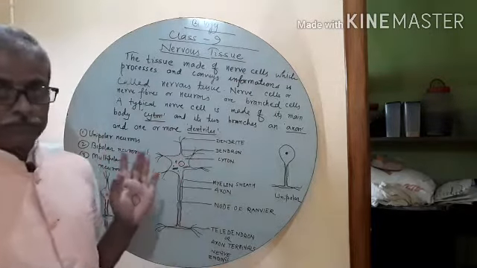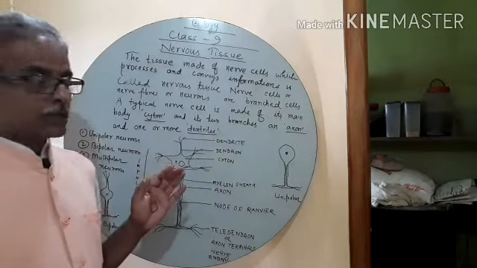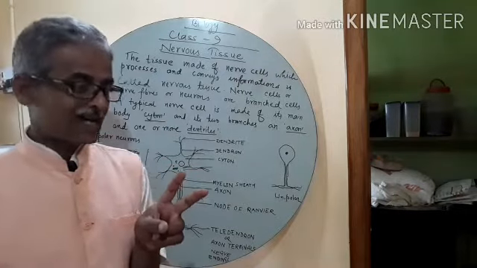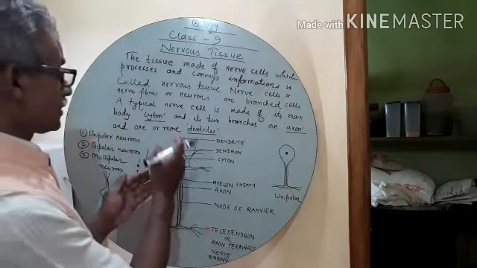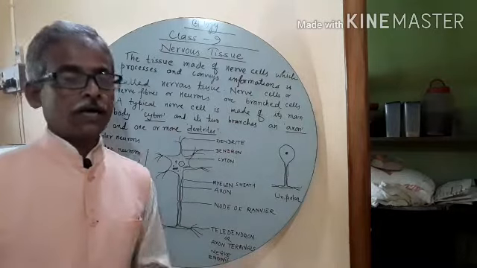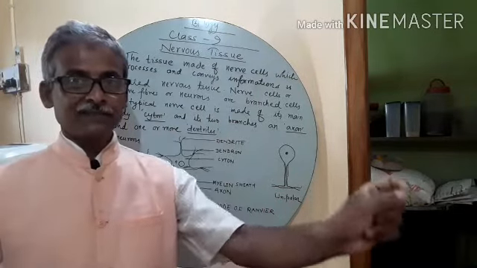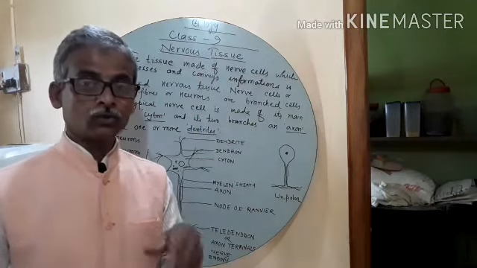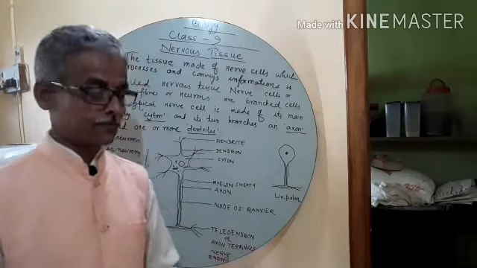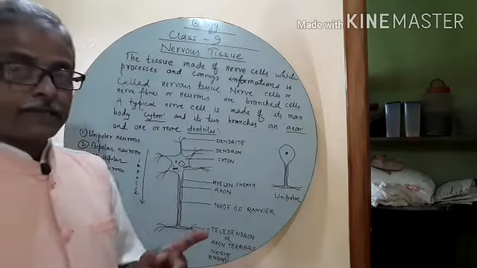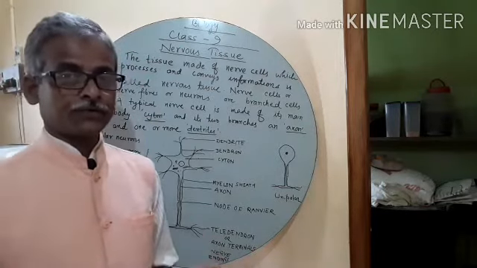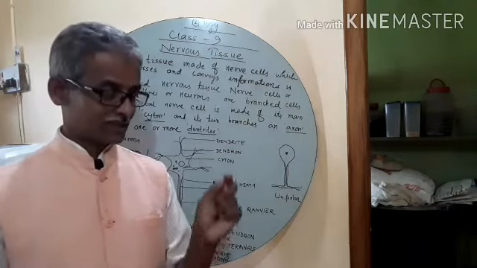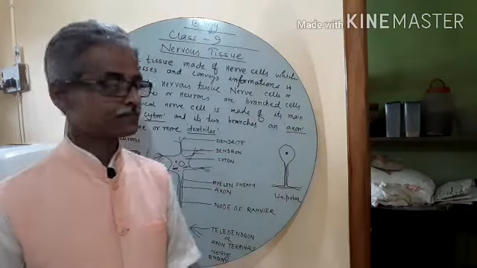All these cells have to do only two functions: either to convey information from the sensory organ to the brain or central nervous system, or to carry orders from the central nervous system to the target organs.